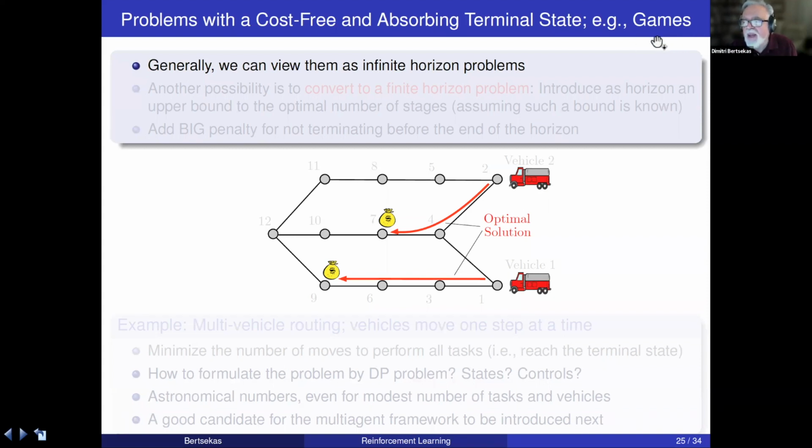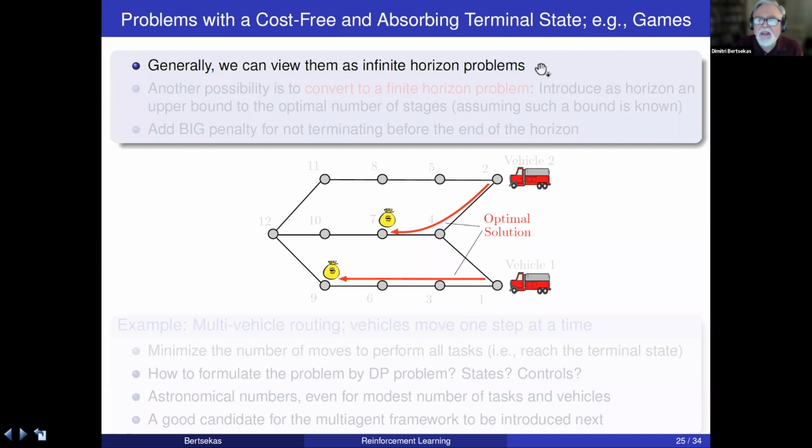You don't have to make any more decisions, and there is no further cost to be incurred. Generally speaking, problems with a termination state, you can view them as infinite horizon problems because you don't really know what the horizon is. You may not know how many steps it's going to take you to terminate. So you view them as infinite horizon problems, and you introduce this absorbing terminal state as part of your state space, and you encode all of this within the infinite horizon context.